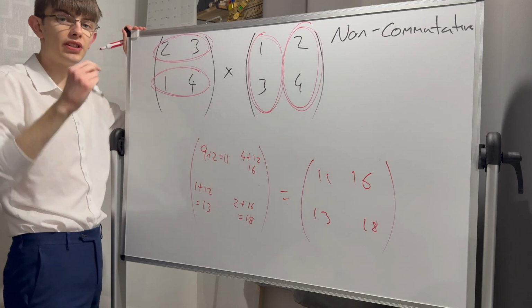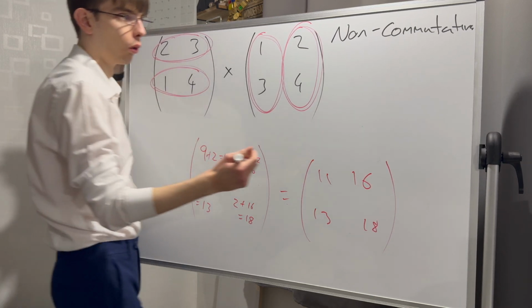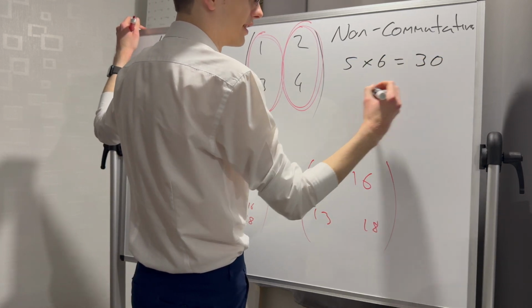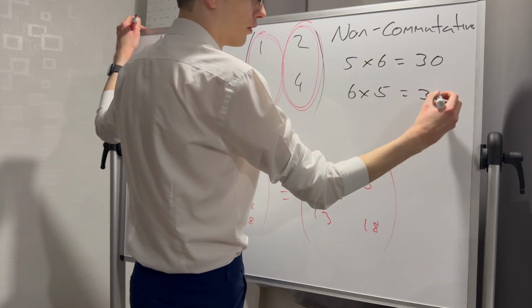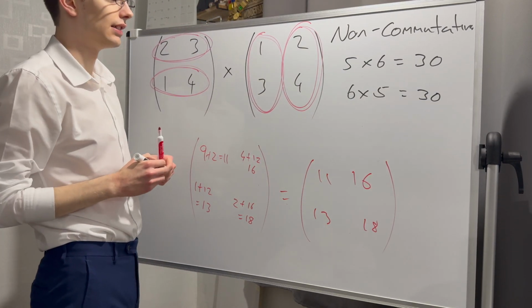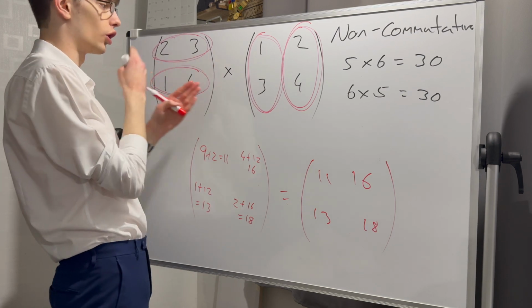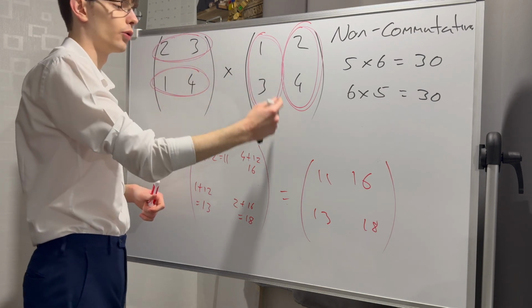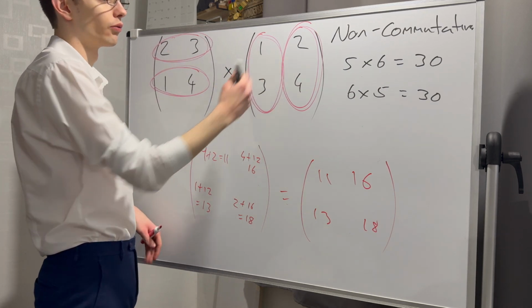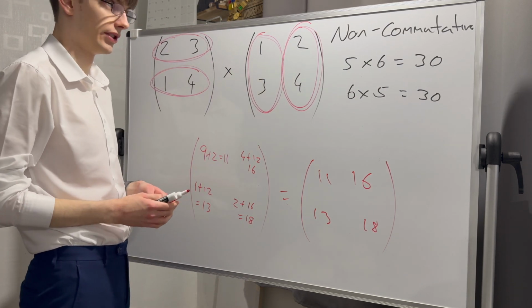Something that is commutative, you can switch the order of multiplication, it still works. 5 times 6 equals 30, 6 times 5 also equals 30. It is commutative. But matrices, you cannot swap the order of the multiplication. The one on the left and the one on the right matters, because the one on the left is rows only, the one on the right, we're only concentrated on the columns.